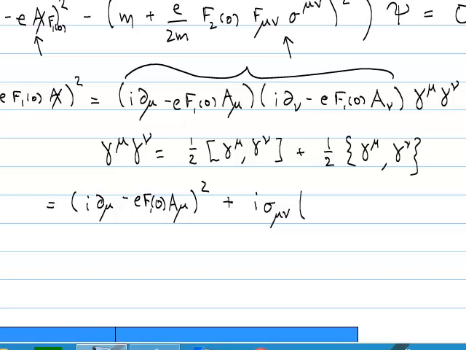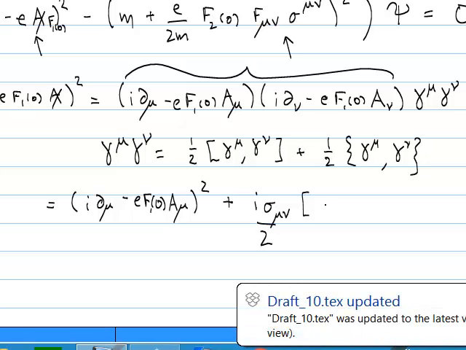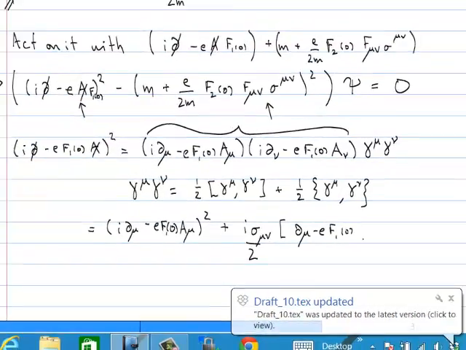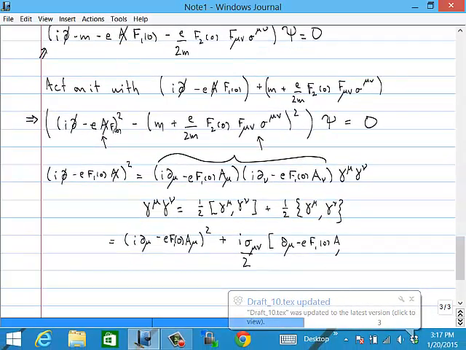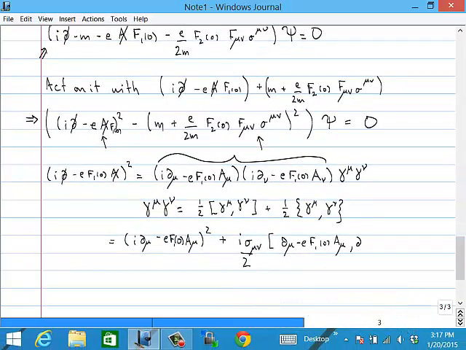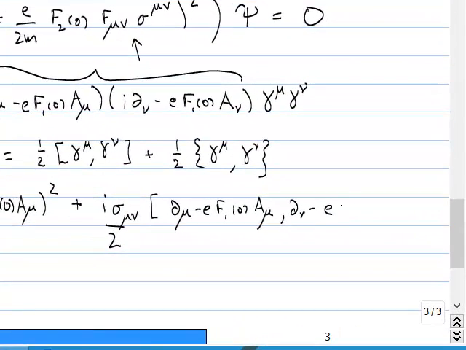And then because sigma^mu nu is antisymmetric in its two indices, I can just replace that by the commutator of d_mu minus e F1 A_mu with d_nu minus e F1(0) A_nu, along with a factor of 1/2.